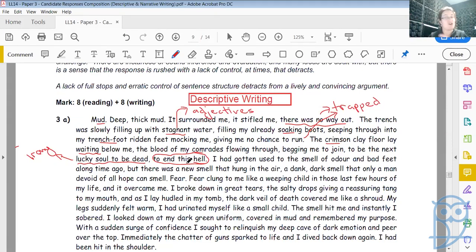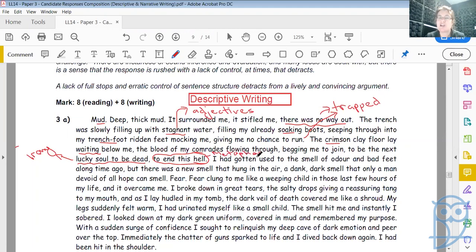The trenches are not a pleasant place to be. It is full of death, decay, okay? And yes, he probably has a desire to want to end this hell. In other words, to be killed, because then he wouldn't have to live through this. All right, good. So let's just write metaphor here.